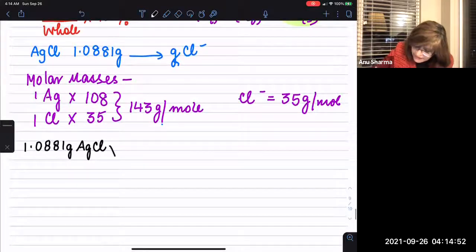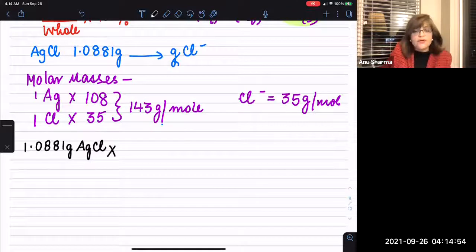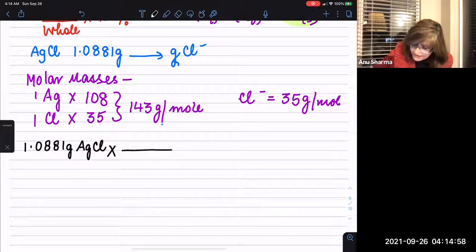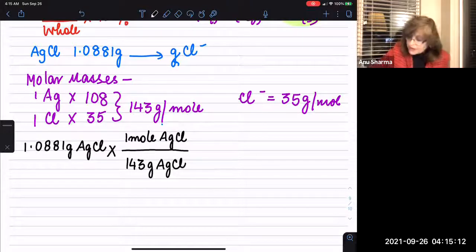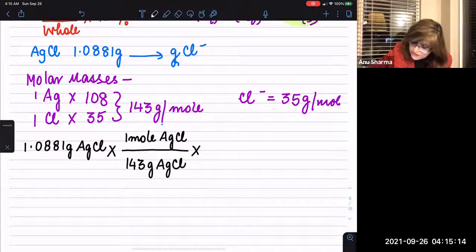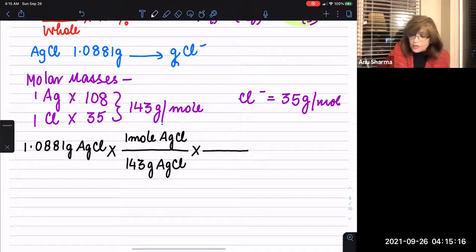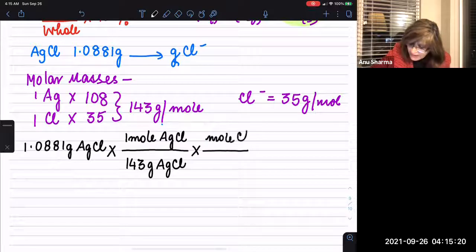Grams of AgCl, and then obviously when we do grams to mole conversions, we need the molar mass. So I already calculated that. So we have here 1 mole of AgCl weighs 143 grams. It's very important when you show the working, you should show all the details. Okay, next is the mole to mole ratio, because our main analyte is the chloride ions.